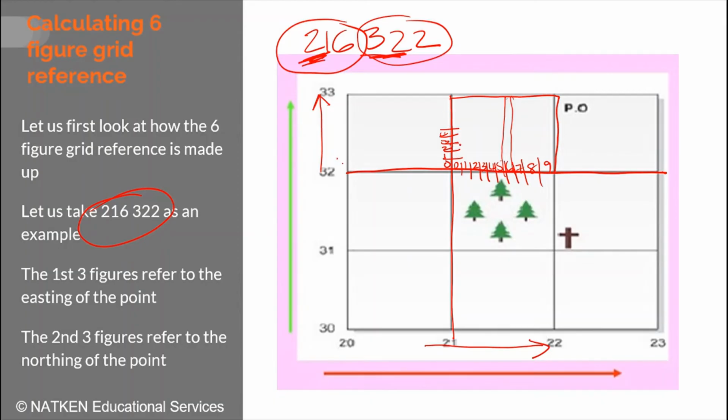So everything in this area, which is 2 here, would have been whatever we are looking for. It would have been 2.